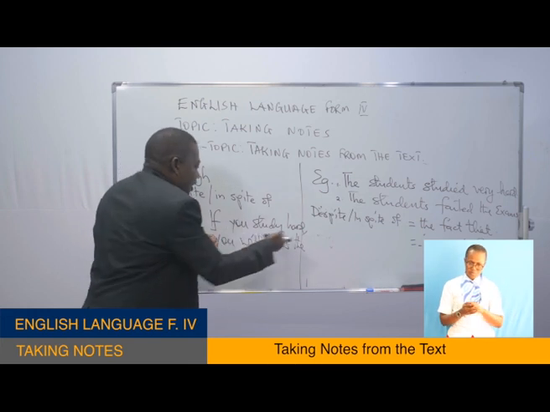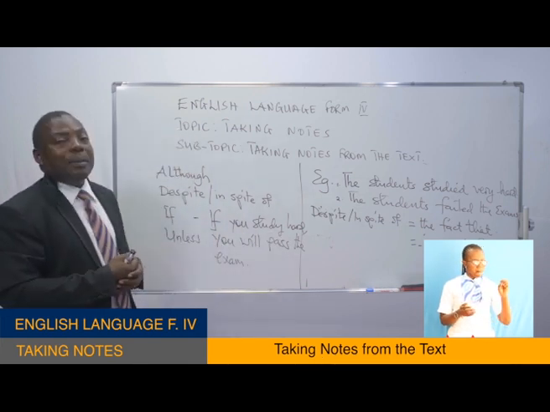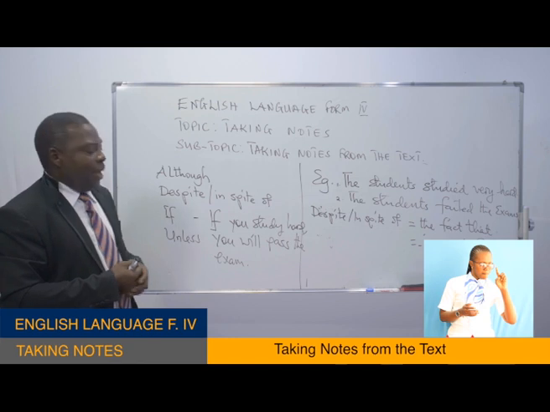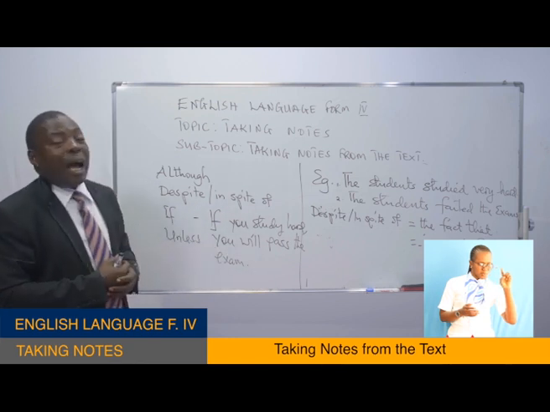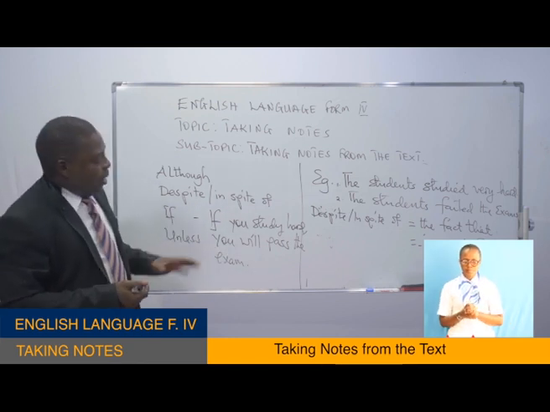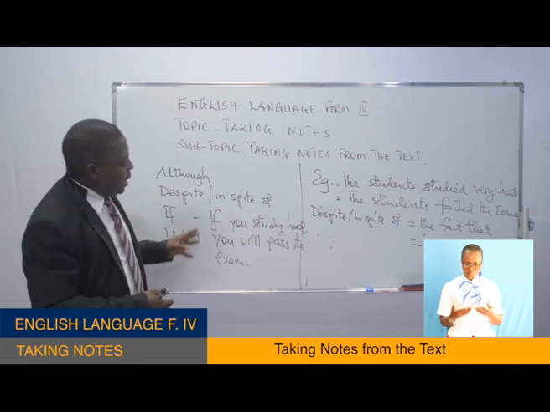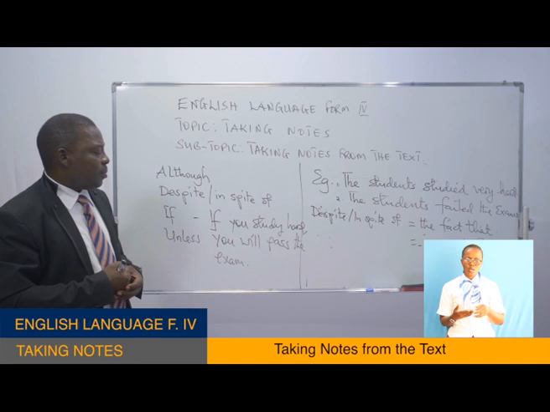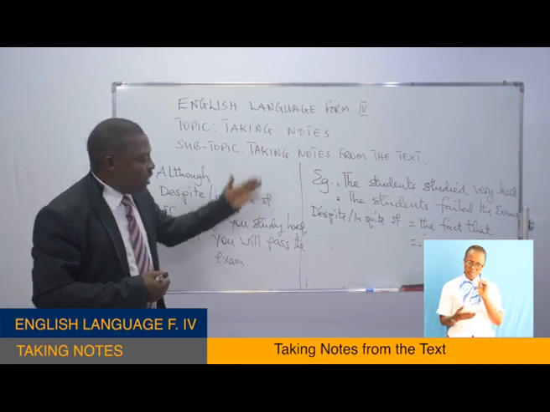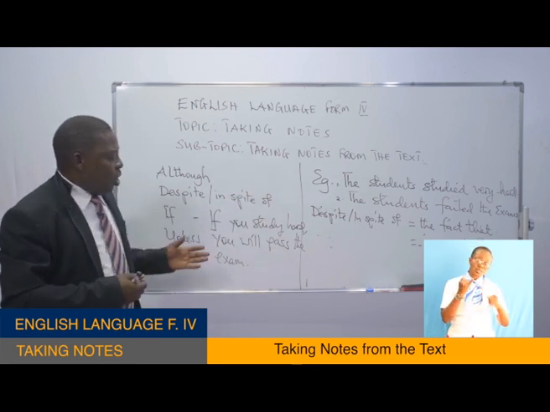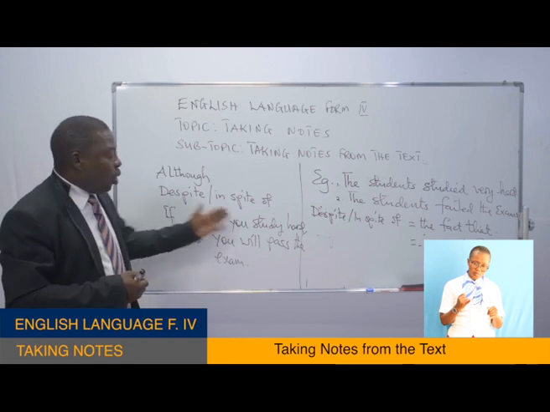If this event hasn't happened, this one could have not happened as well. This sentence is in positive. How do you say it in negative? If you don't study hard, you will fail or you won't pass the exam.